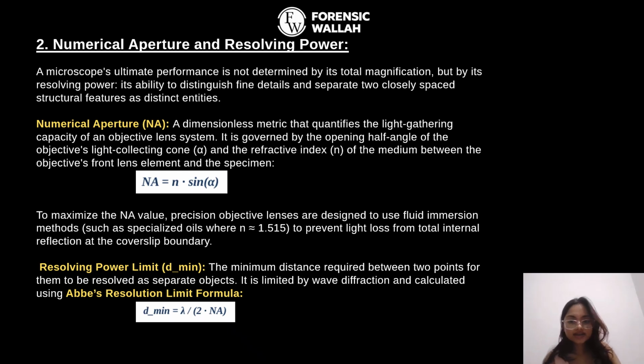By placing specialized immersion oils, which have a high refractive index of 1.515, directly between the lens and the cover slip, we match the refractive index of the glass. This prevents light loss from total internal reflection at the cover slip boundary, funneling more light into the lens and dramatically boosting the resolution.